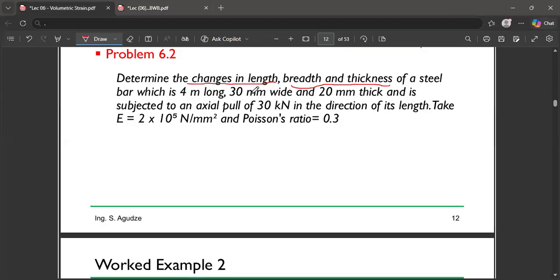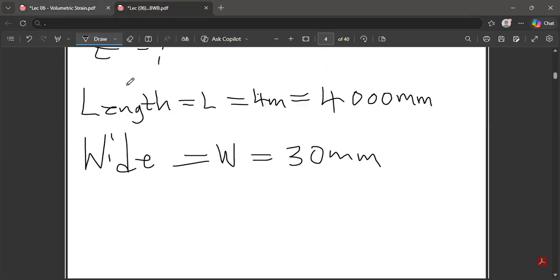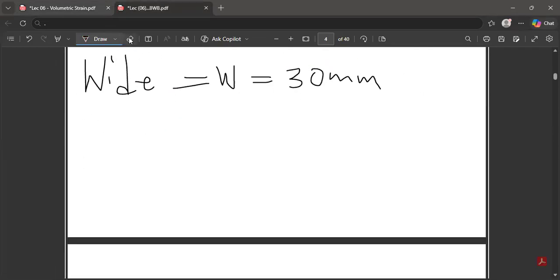So this question is actually telling us to calculate the change in length, change in breadth, and also the change in thickness. So in this case, we know that the width is also the same as the breadth. And then this is the thickness that has been given over here.